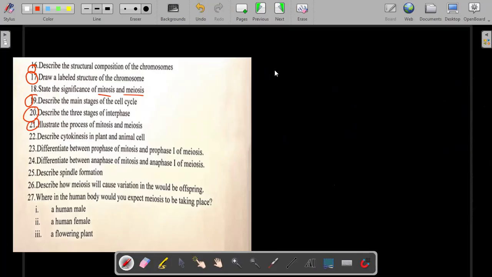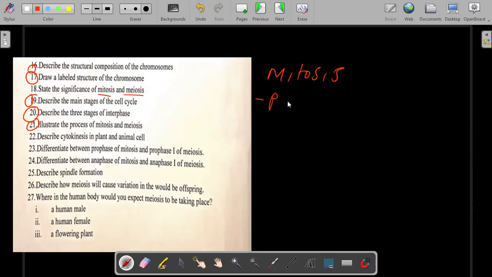This is a type of cell division which is going to happen in somatic cells, where two identical daughter cells are going to be produced from a parent cell, and these identical daughter cells are going to have the same number of chromosomes as that of the parent cell.